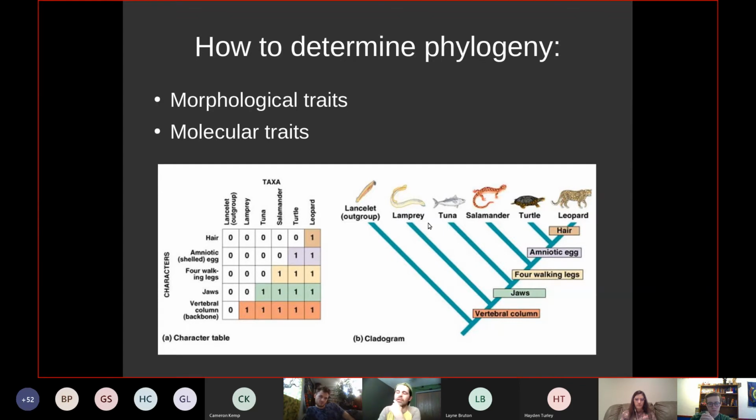So when we're looking at phylogenies, what's the point of looking at a phylogeny other than this academic exercise of seeing what's sister to a leopard? We could possibly understand how certain things evolved, maybe, based on similar traits like amniotic egg or hair. But who cares?